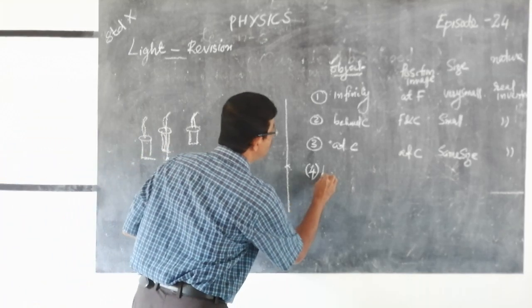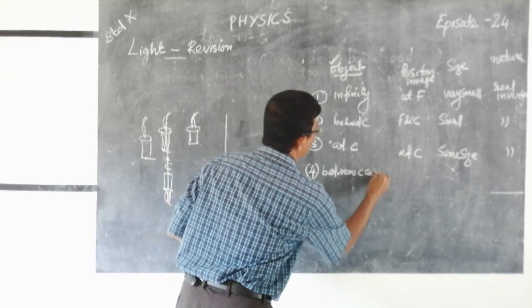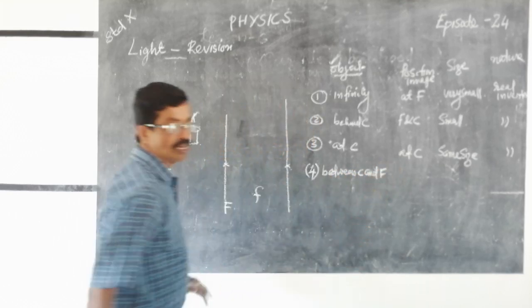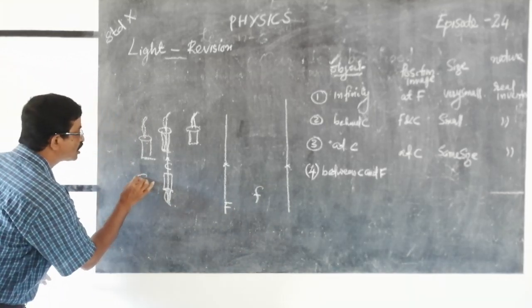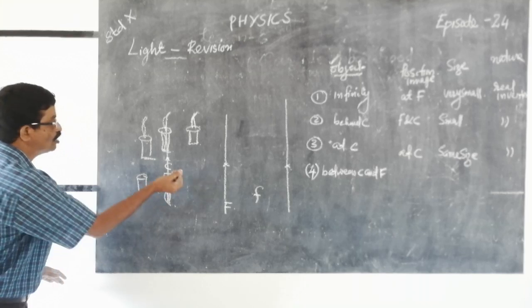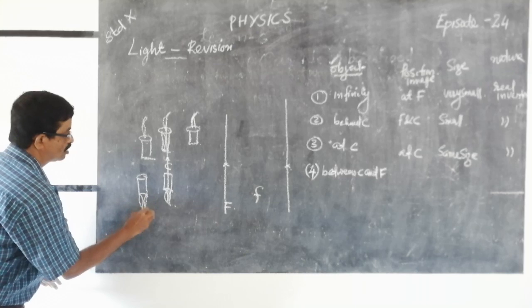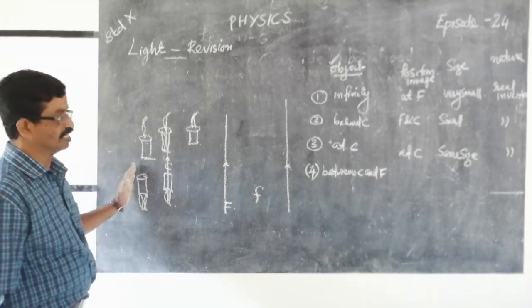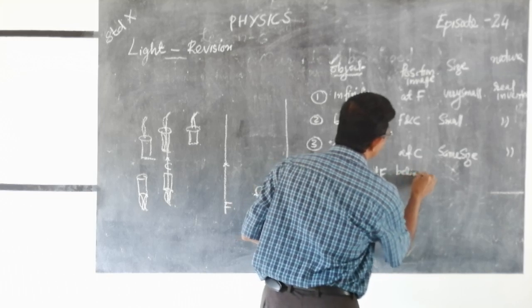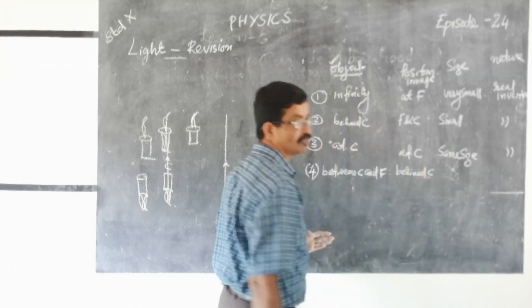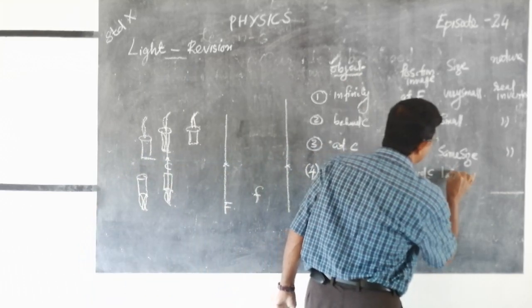The object is between C and F, and we get the image behind this one, that is, behind the C. So the image is behind C, and the size here is large.